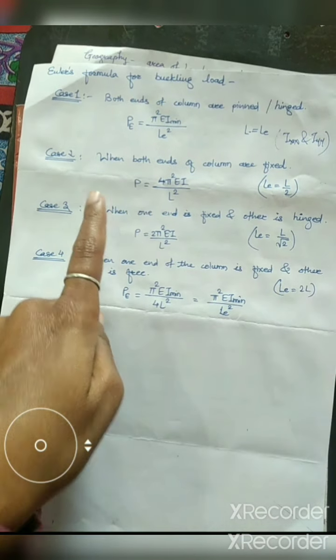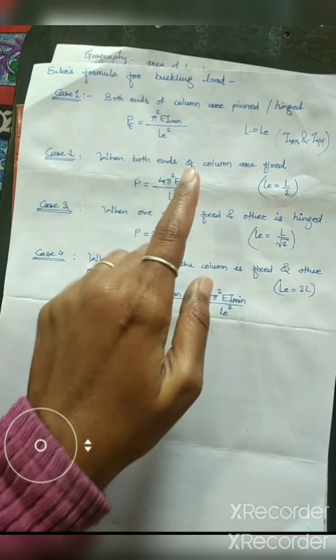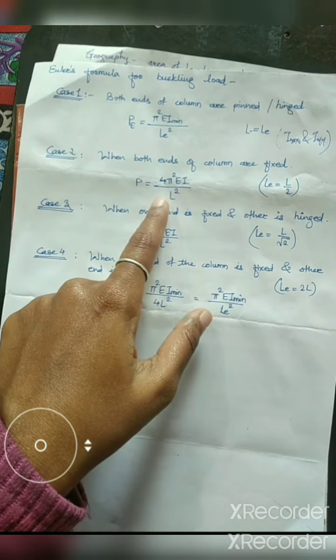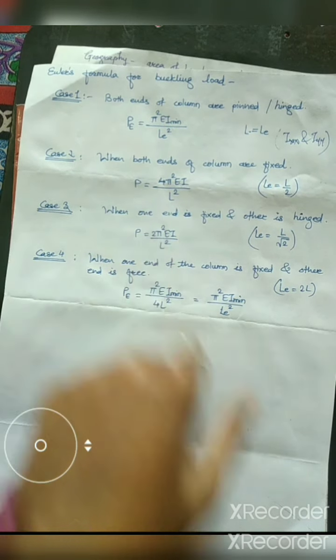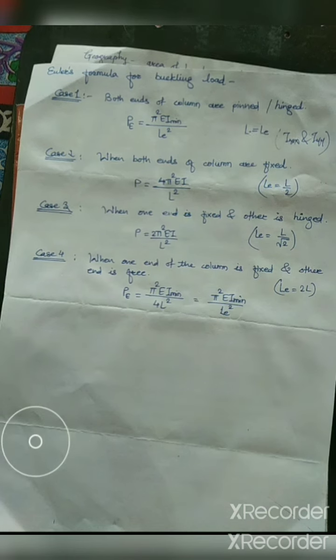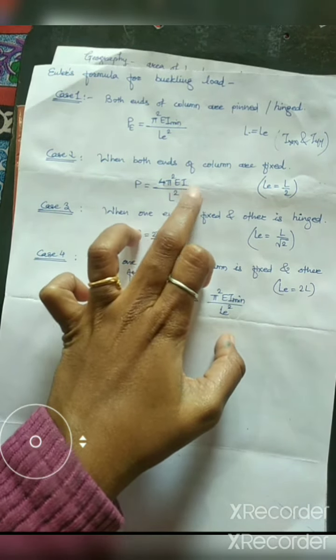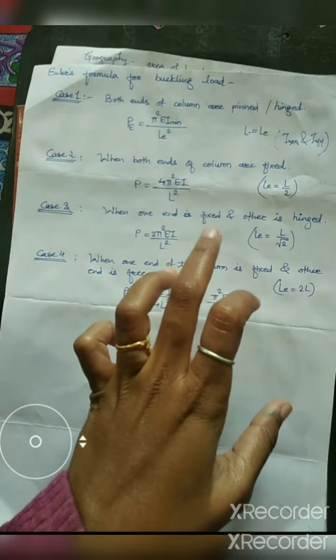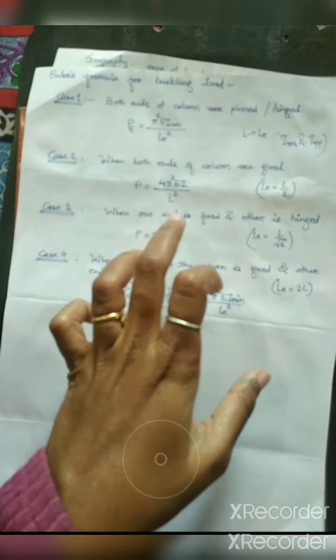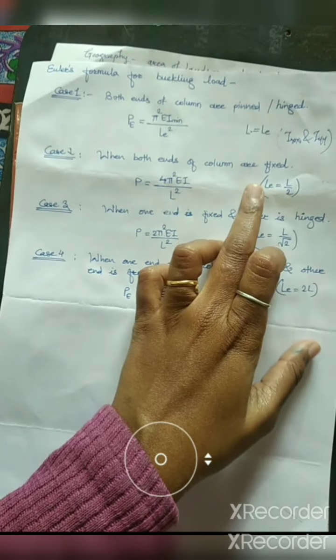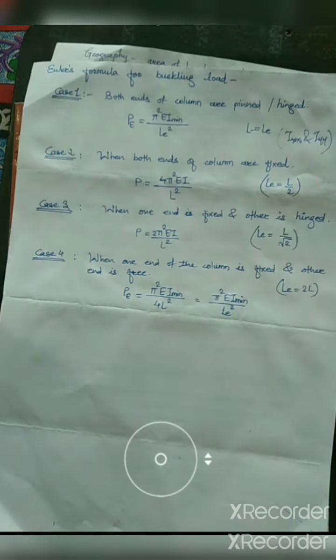Second case, when both ends of the column are fixed, then by using this formula we can calculate the critical load acting on the column. P will be equal to 4 pi square EI divided by L square, and as L is the actual length, the effective length will be equal to L by 2. This is the formula you have to use when both the ends of the column are fixed.